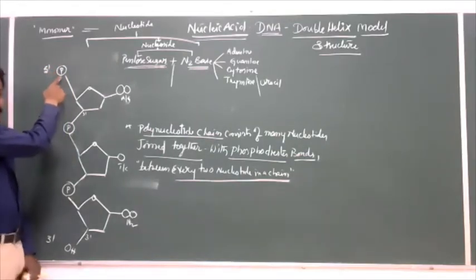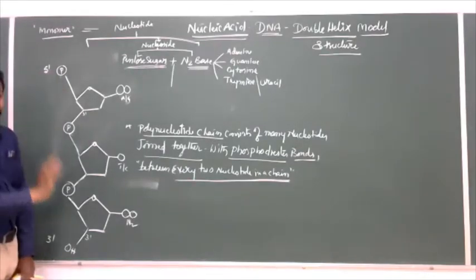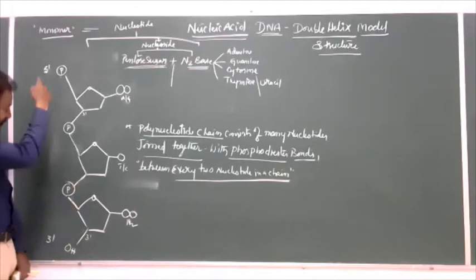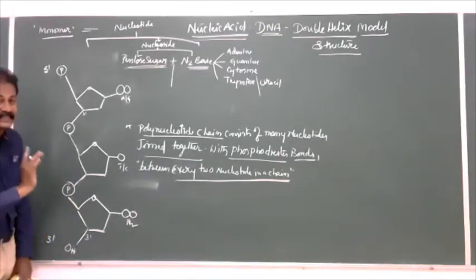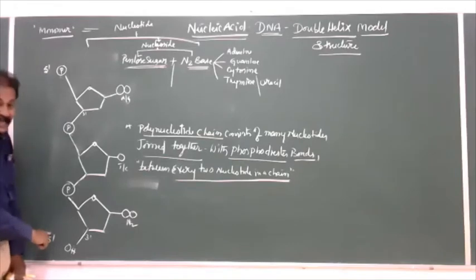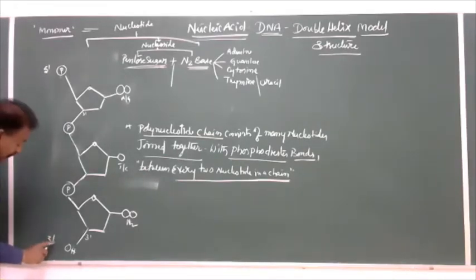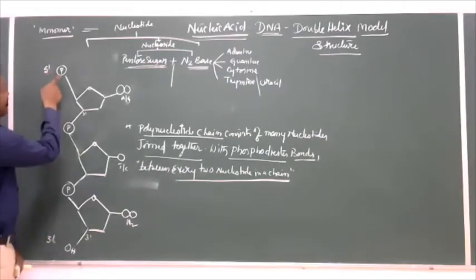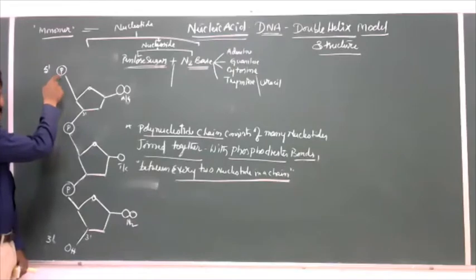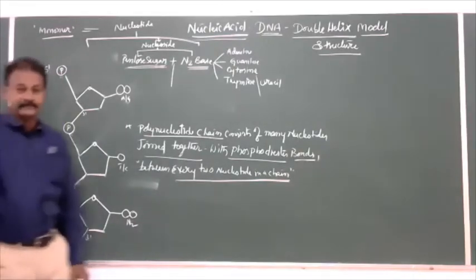So this is the polarity of the polynucleotide chain in this diagram. One end always has a 3 prime OH, called the 3' end. The other end always has a phosphate group attached at the fifth carbon position, the 5' end.